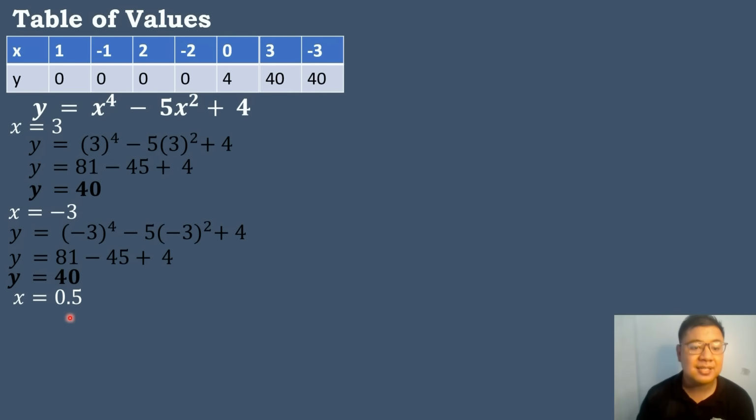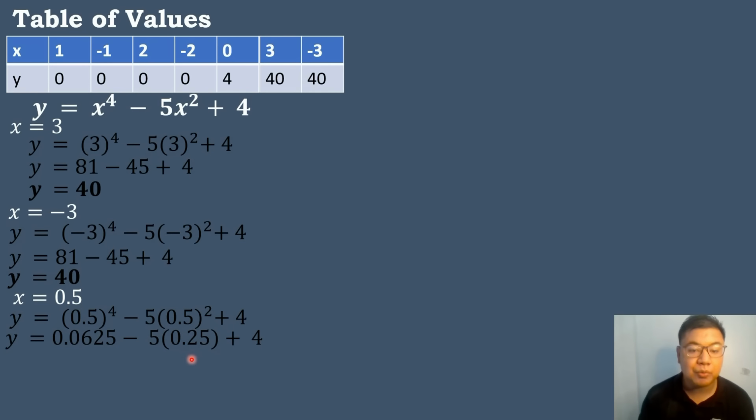Next, let's have x is equal to 0.5. So let's substitute 0.5. We have y is equal to 0.5 raised to the fourth power minus 5 times 0.5 to the second power plus 4. And then 0.5 to the fourth power is equal to 0.0625, and 0.5 to the second power is 0.25.